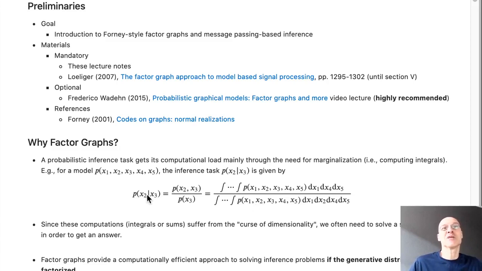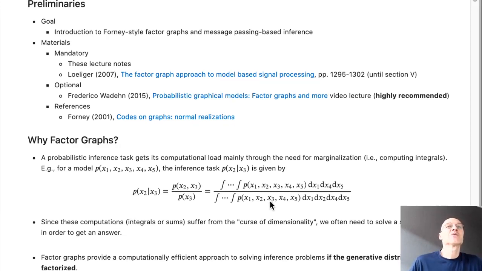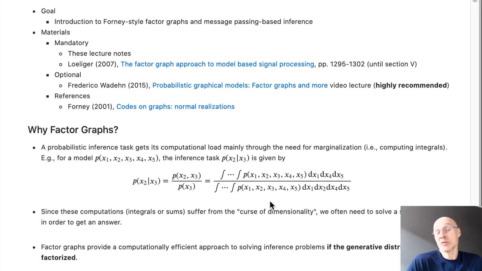And if these were variables defined on a discrete alphabet, I get sums of sums of sums and so forth, and the number of terms would also pretty quickly explode. So that is a big problem in Bayesian inference. And so what we do as engineers, we build models that have certain simplifications.